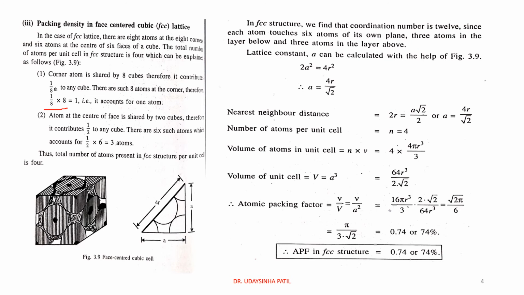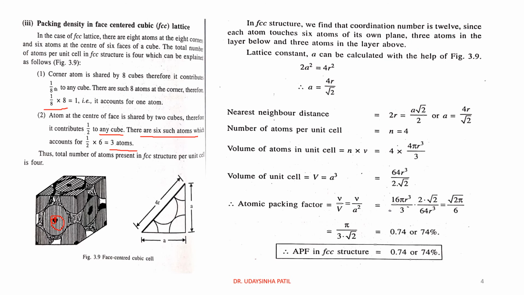Now we go to the face centered atoms. An atom at the center of a face is shared by 2 cubes, so it contributes 1/2 to any cube. There are 6 such atoms, which accounts for 1/2 into 6, equal to 3 atoms.